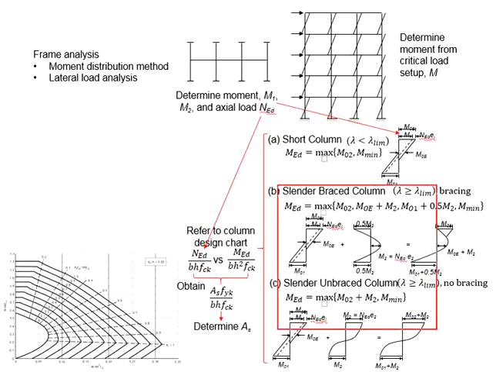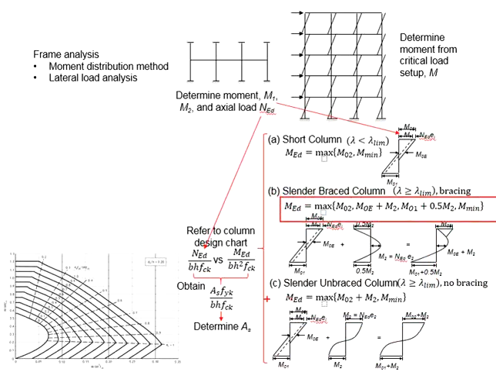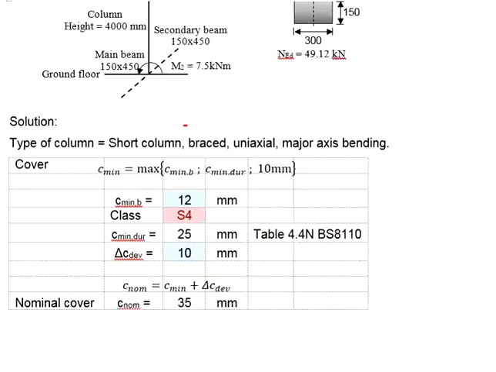As for the slender column, the equations to determine the MED shall be influenced by whether the column is braced or unbraced. It doesn't mean that the information given here is redundant.